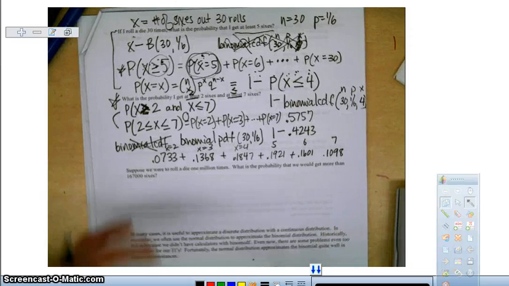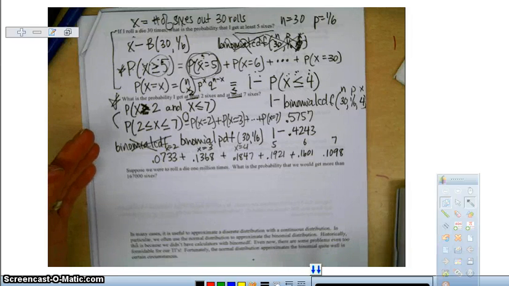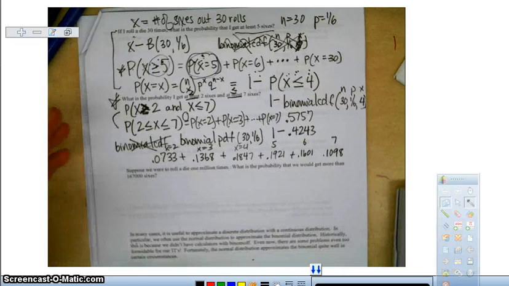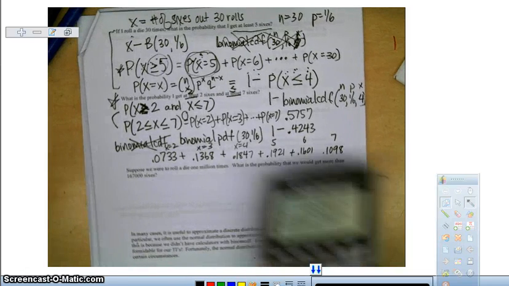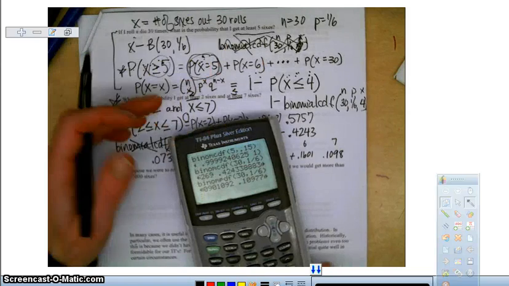And really, that's about the shortest way you can do it. You could do less than 7 and then subtract out less than 2 or less than 1, like Alexa said. That's fine, like we did in the notes last time. But now that we know that it'll list them out for us, this is just as easy.